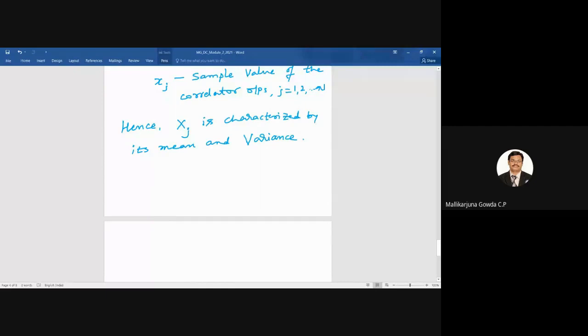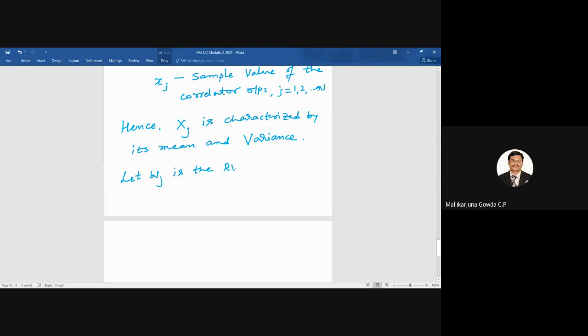Yes, I was telling about the random variable xj, which is characterized by its mean and variance, right? Similar to that, let me say capital Wj. This is also a random variable, RV in short, similar to xj.